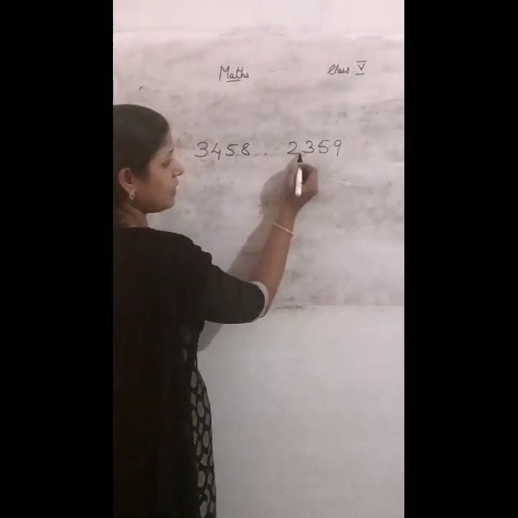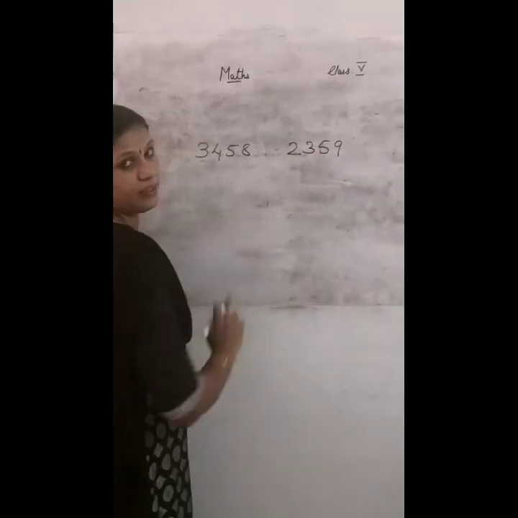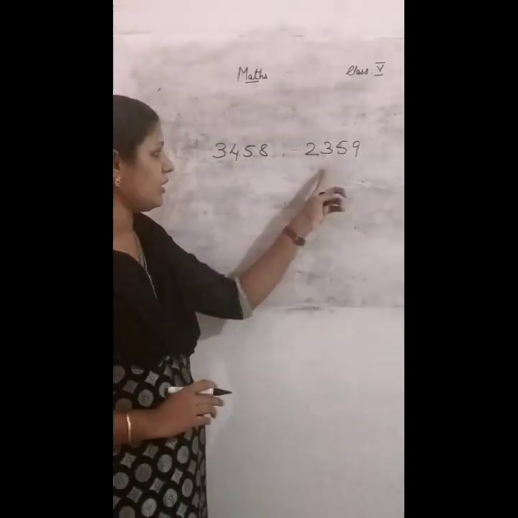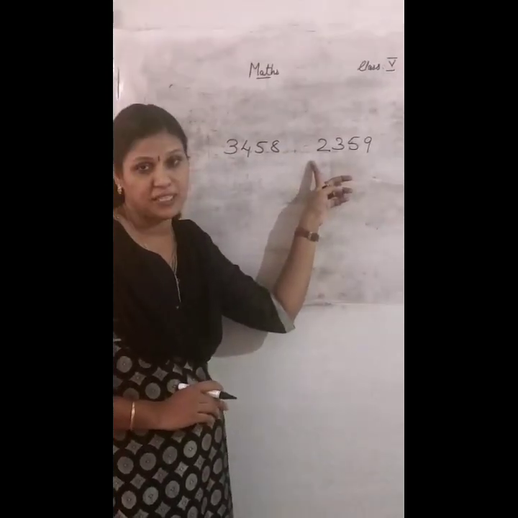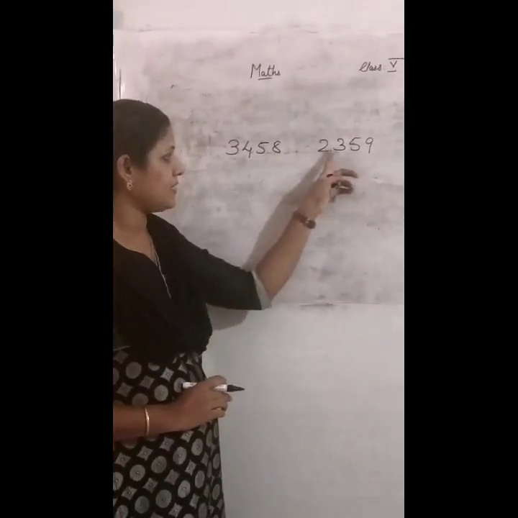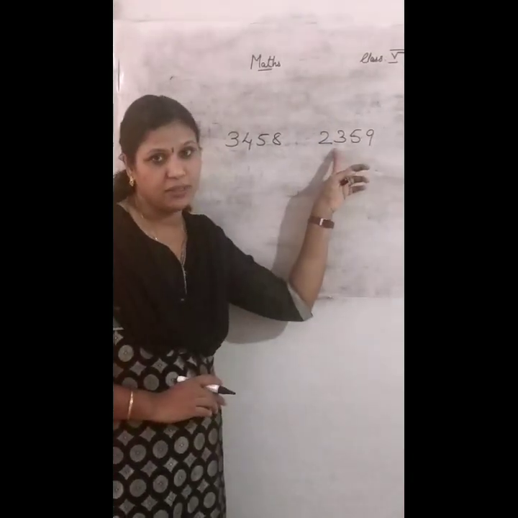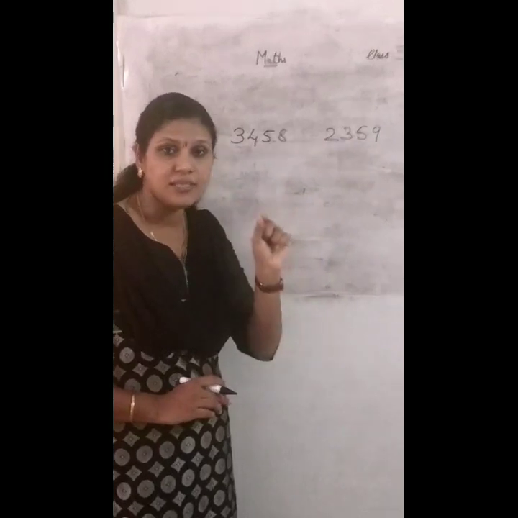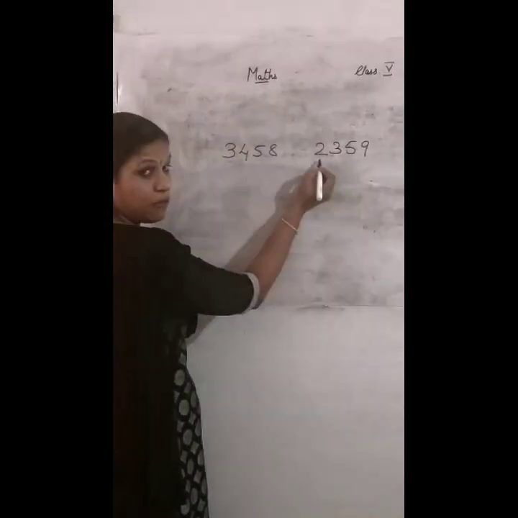Here the other number is 2359. For comparing these two numbers, first we check the last place value. Here the place values are the same, that is 1000, here also 1000. Then we take the last digit, that is 3 and 2, in the 1000 place.